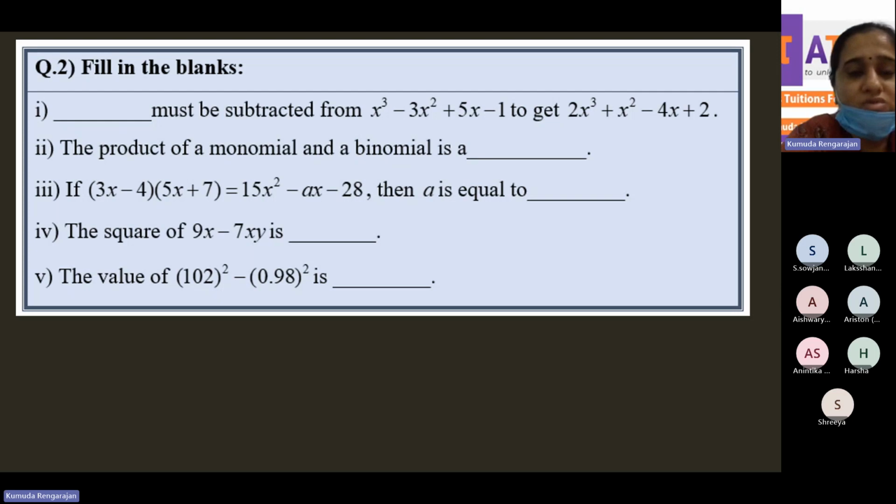Anantika, you should have used a capital letter. See, you've written x, the first step, x cube minus 3x square plus 5x minus 1, minus x, you've written again, right? But you can see that x is the variable used in both the expressions and the question. So maybe you should have used a capital letter, P or whatever. Don't use small x. Yeah.